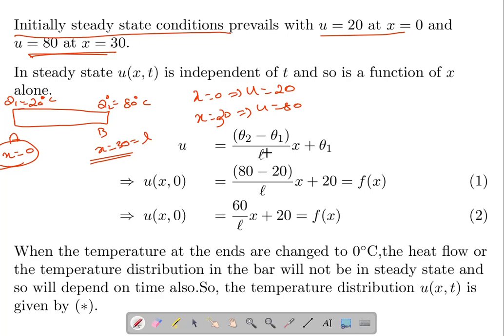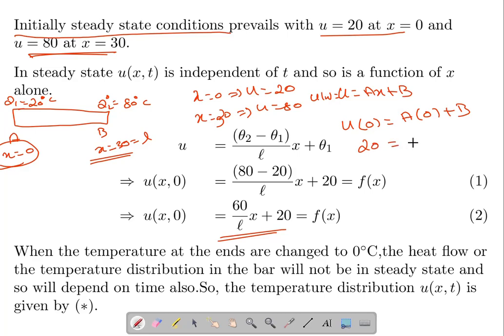So u is equal to theta 2 minus theta 1 divided by L into x plus theta 1. You can replace theta 2 and theta 1 and get this. Already we discussed u is nothing but ax plus b, that is u of x. So when x is equal to 0, u of 0 is equal to a into 0 plus b. At the first end, when x is equal to 0, what is our u of 0? U of 0 is 20.